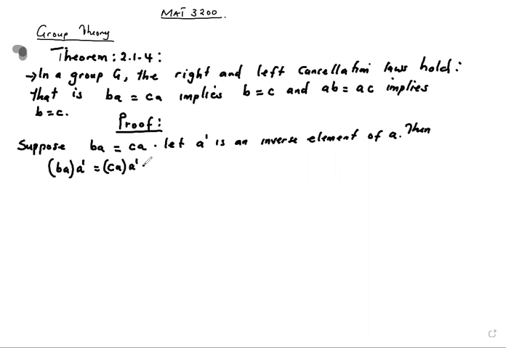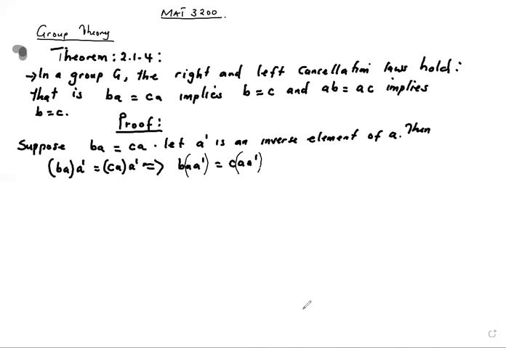So this implies that BA A prime is equal to CA A prime. I can put brackets, or I can't put brackets. It depends on me.